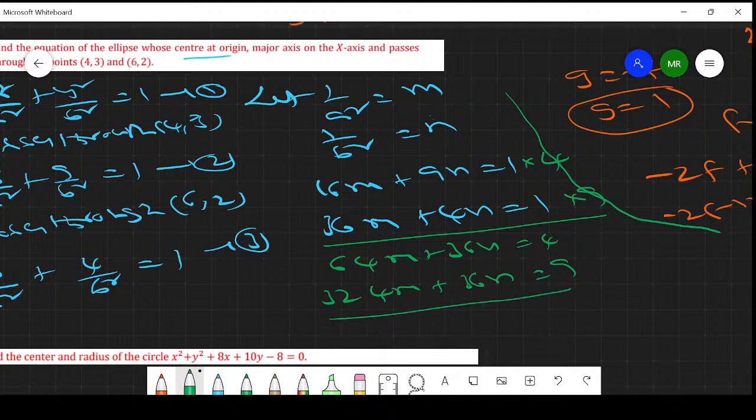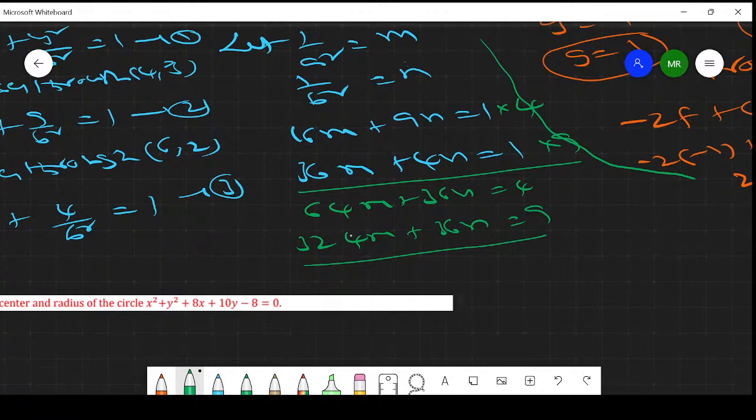If I subtract this, you can see the 36n terms cancel. Understood? I hope you understood this. If I use this, I can eliminate this.